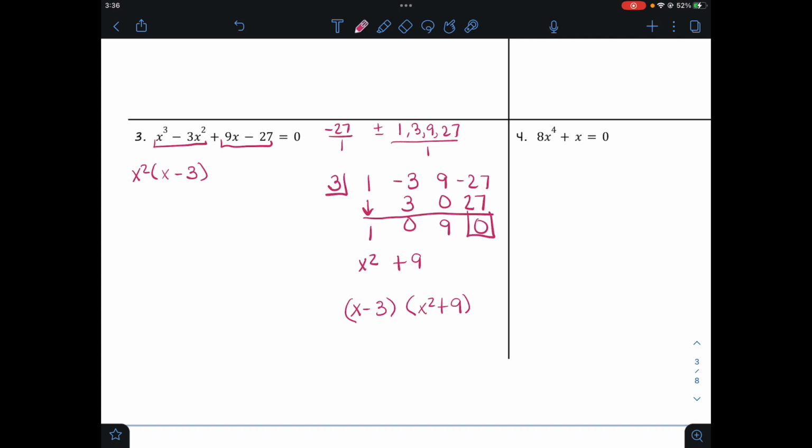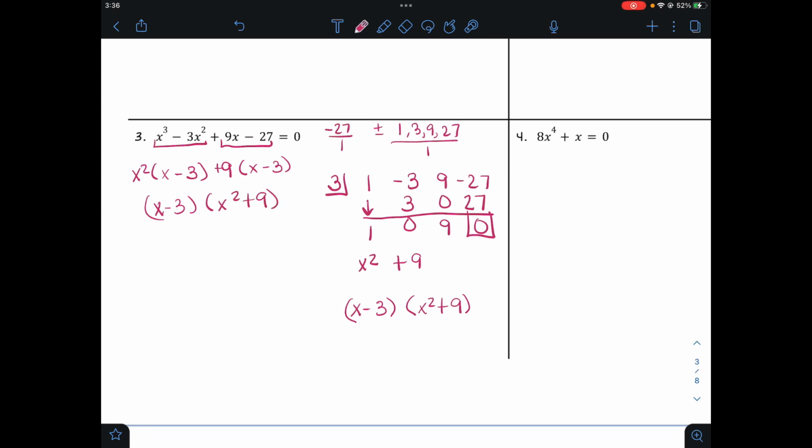And here, our goal once we factor out something from 9x and negative 27 is to get the same binomial as x minus 3. So we can actually factor out a 9, and we get x minus 3. So those two are the same, so they get to come together. And then what we factored out gets put together in the other binomial.